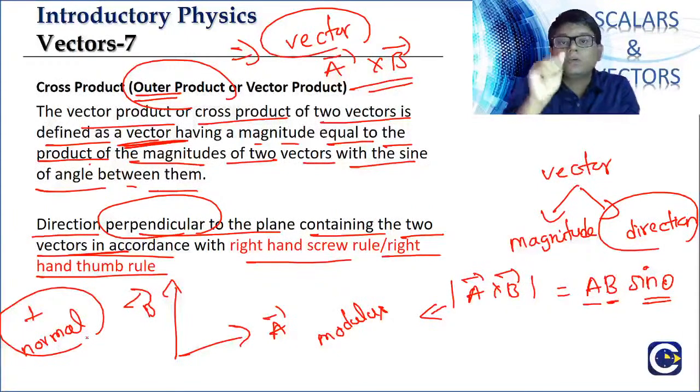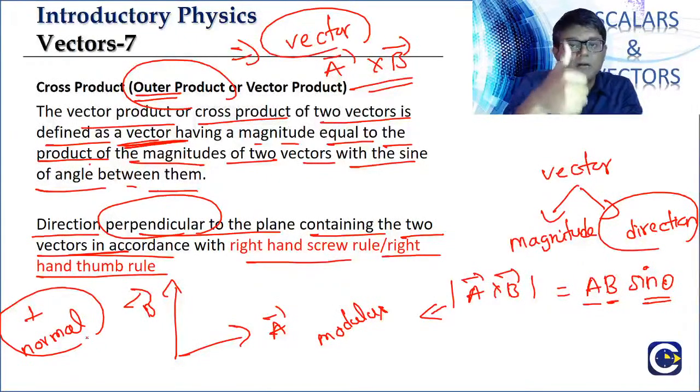Means you have two possibilities. What are the two possibilities? Either up the plane or down the plane. Perpendicular to the plane means two possibilities: either the direction is upwards or downwards, I am saying with respect to the plane.